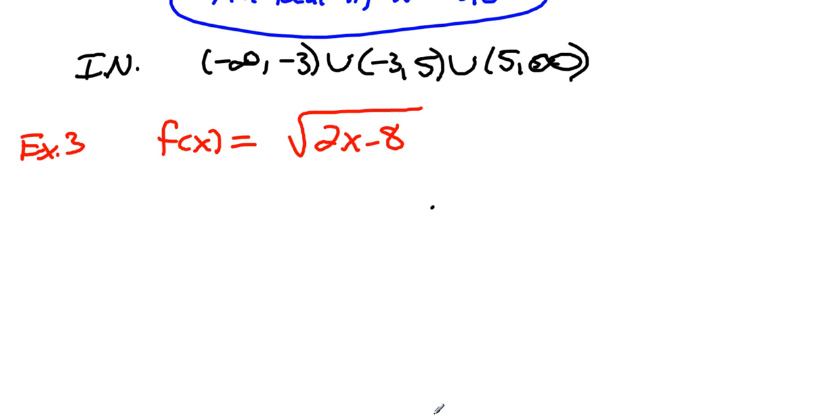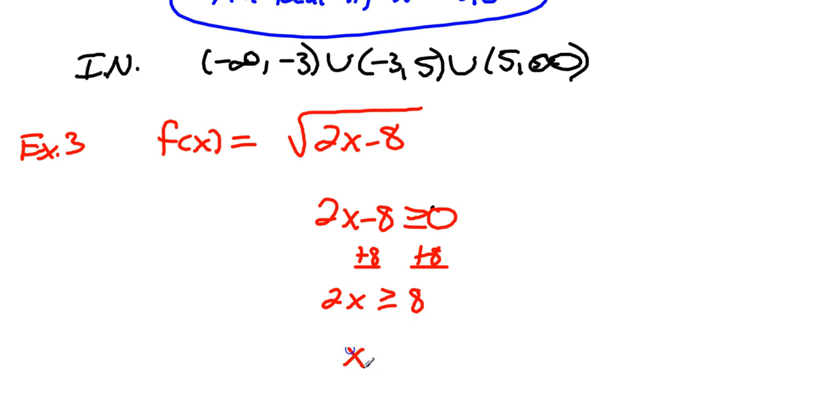Okay, this one, there are no exclusions, but to get the answer for this part, it's 2x minus 8, and you just have to make sure that thing is greater than or equal to 0. So you're really just solving that inequality. Divide both sides by 2, so that's x is greater than or equal to 4. And that one is okay to leave that way, because that's your inequality. That is telling you that x has got to be 4 or greater.